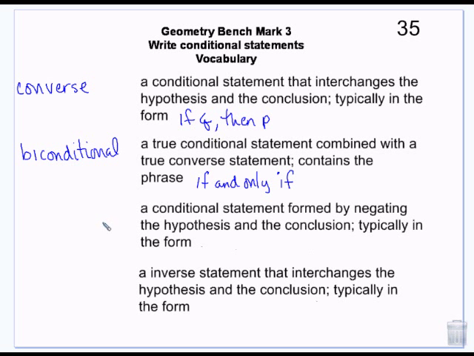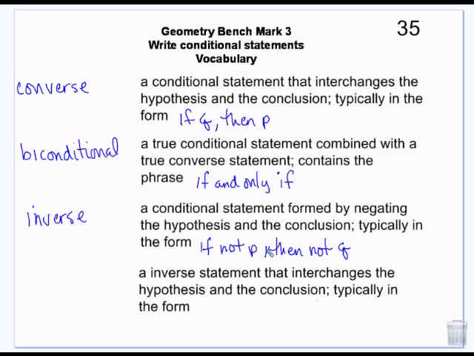Okay, an inverse happens when you negate both parts. Inverses are opposites, and the opposite of a positive is the negative. So it's if not P, then not Q. Now, I had said if you clean your room, then you will get allowance.